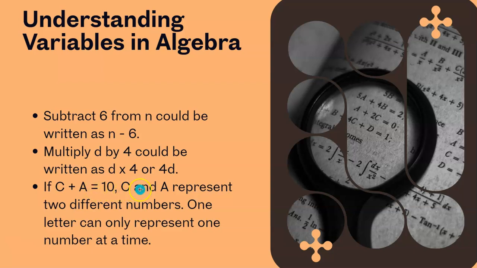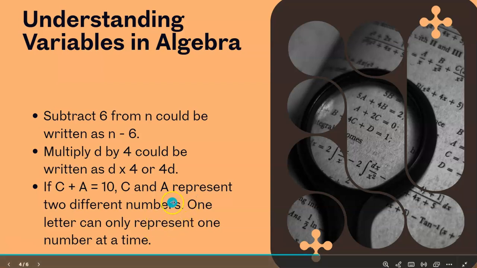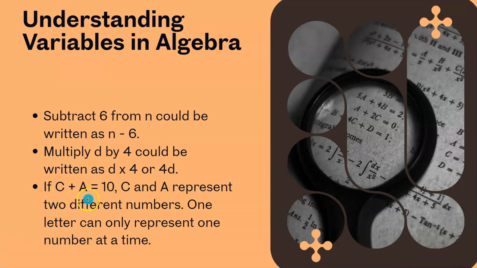If c plus a is equal to 10, c and a represent two different numbers. One letter can only represent one number at a time. In the same equation, if you have two different letters, then both of them represent different numbers. So in this case, c and a cannot be 5. We cannot have 5 plus 5 is equal to 10 because if they're both different letters, then they both represent a different number.